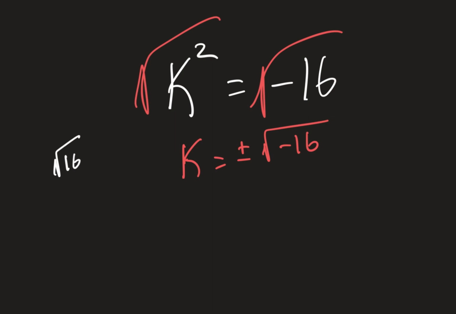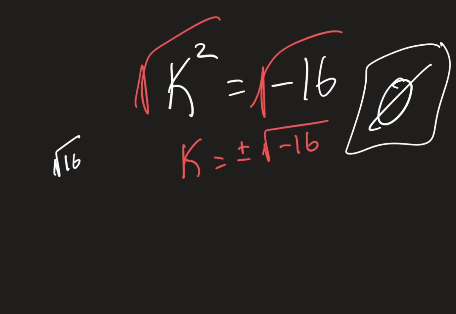So the answer for now, until you get into Algebra 2, is no solution. That's a symbol for no solution. Anytime you get something squared that's equal to a negative number, your automatic reaction right now is to put no solution.